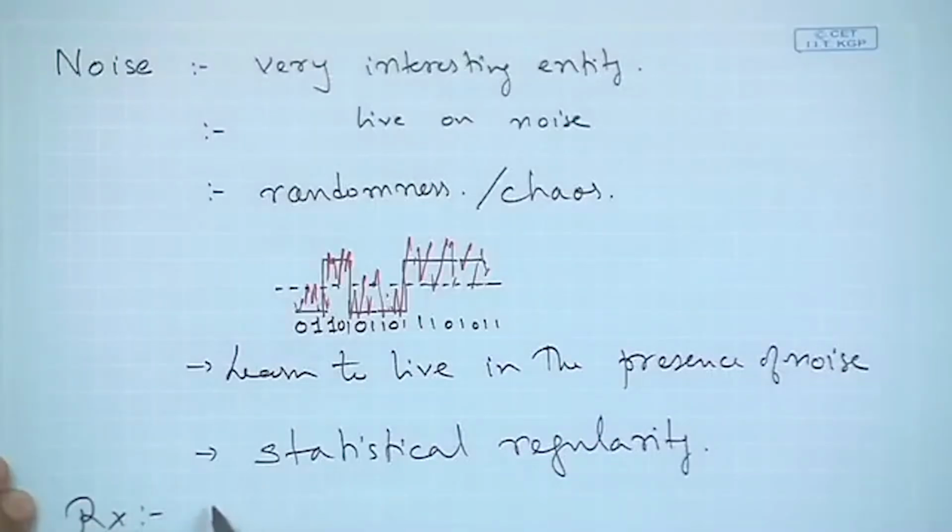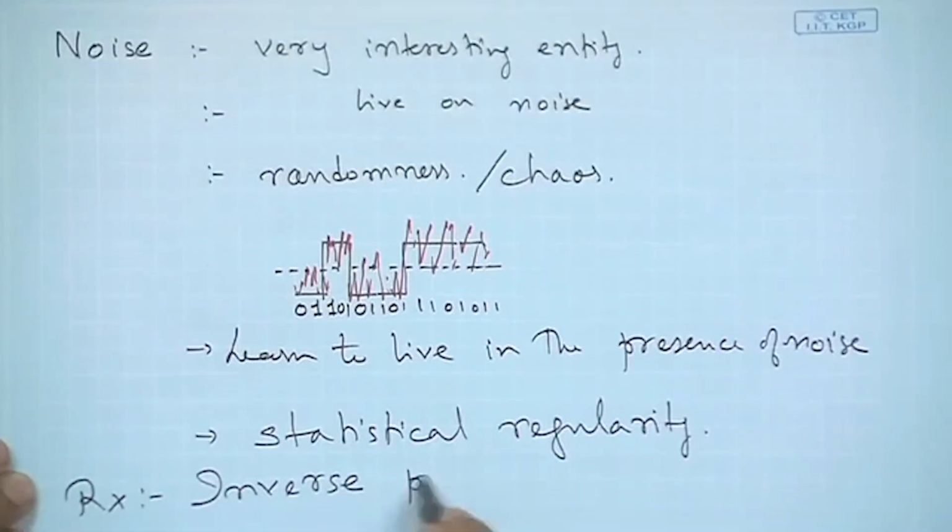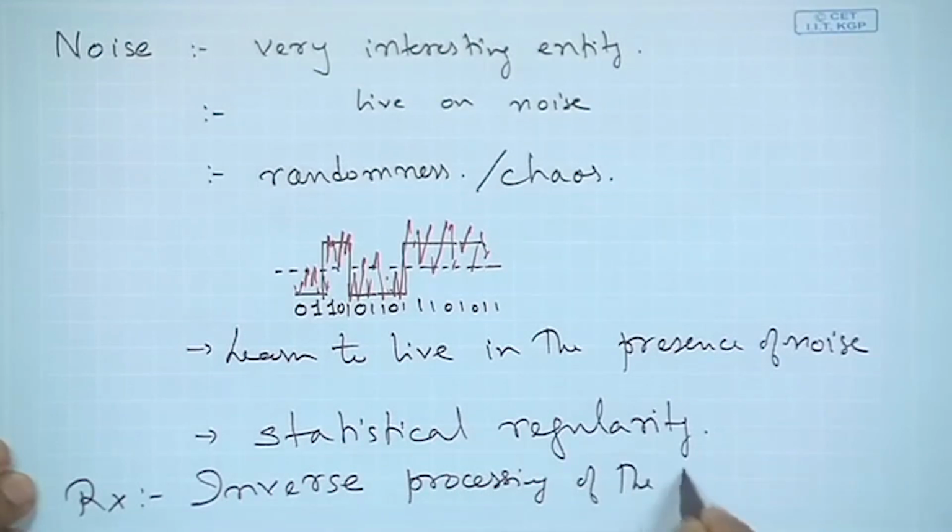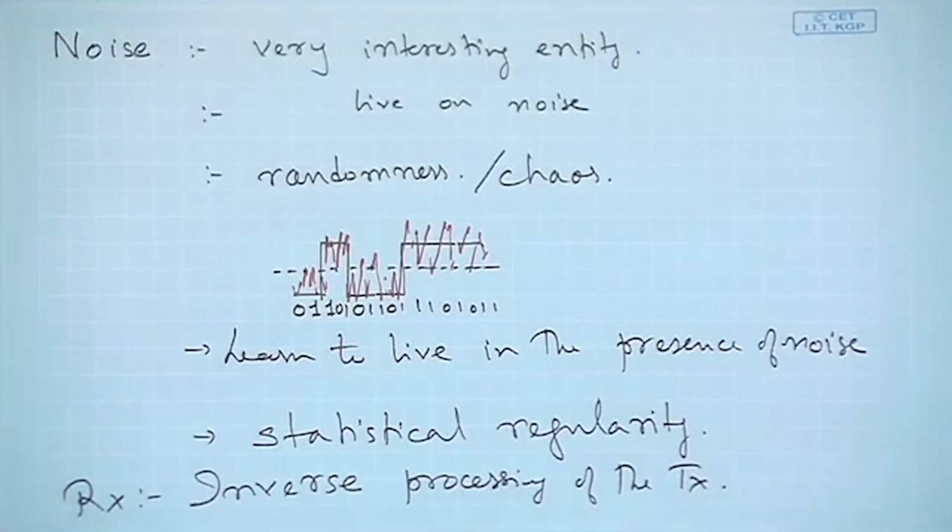The receiver, of course, we can write in brief over here. The receiver is the inverse processing of the transmitter. That is the next part, and in our communication systems we will actually do a lot of receiver design, a lot of components of the receiver.